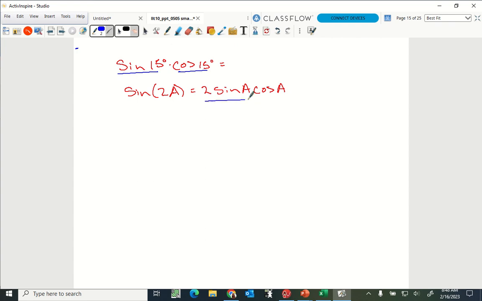Yep, divide by 2. So we're going to make the formula work for me. So now if I divide this by 2, bam. So now I have sine 15, because that's going to be my A value here, right? Times cosine of 15.